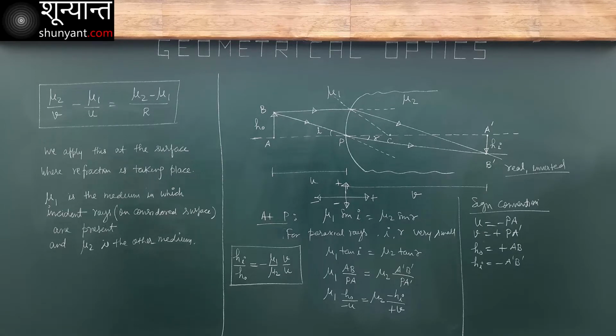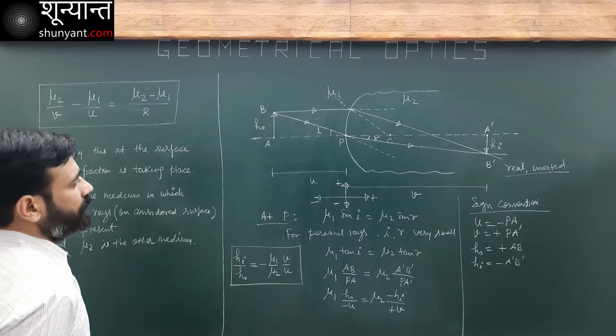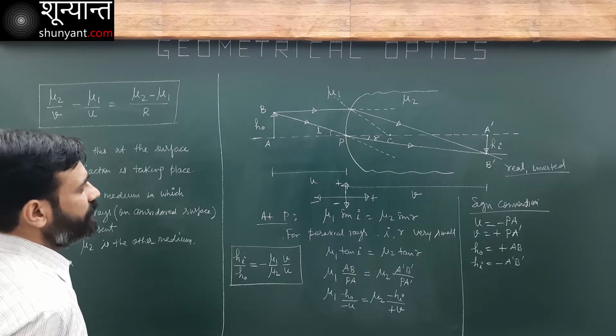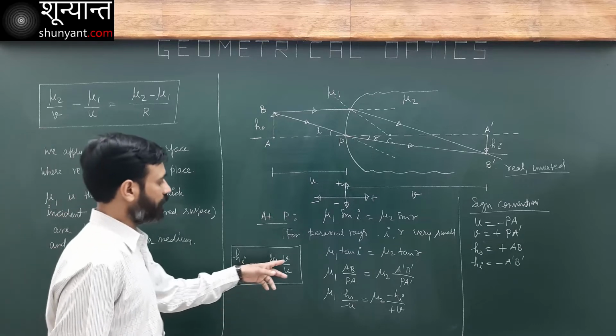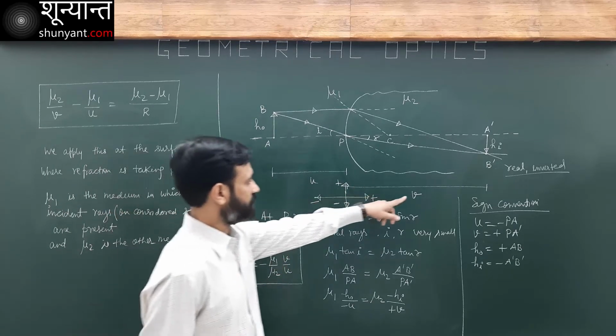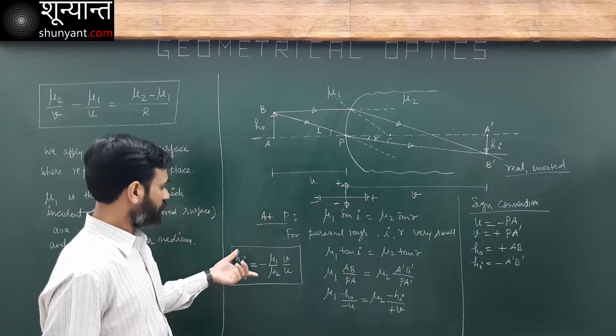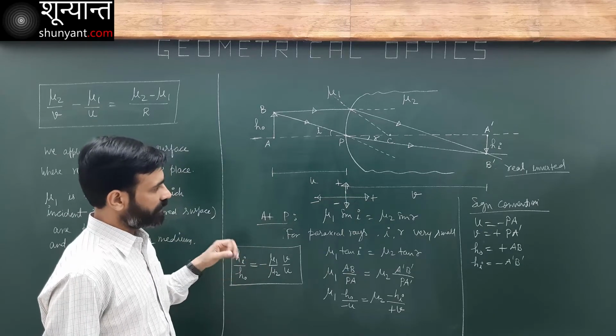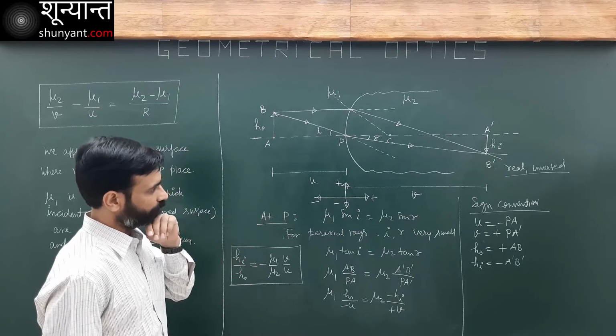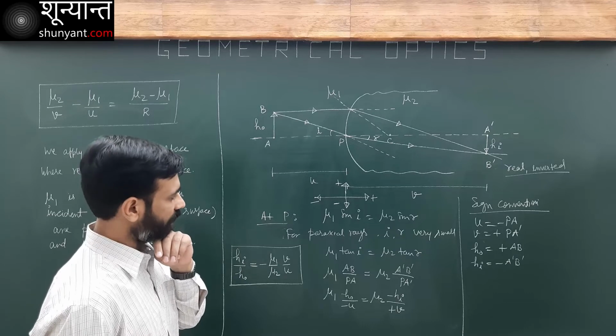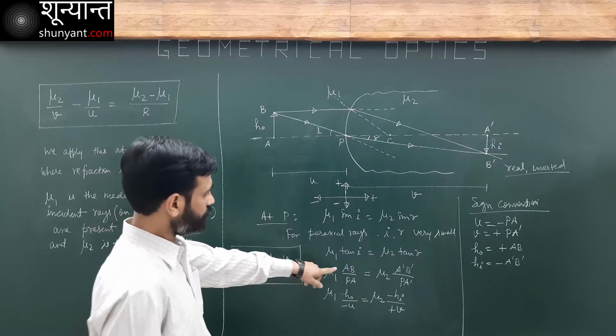Is this fine? If U and V both have opposite sign, then the whole thing is going to be positive. No, I think something is not right here. Something is not right. What is not right?